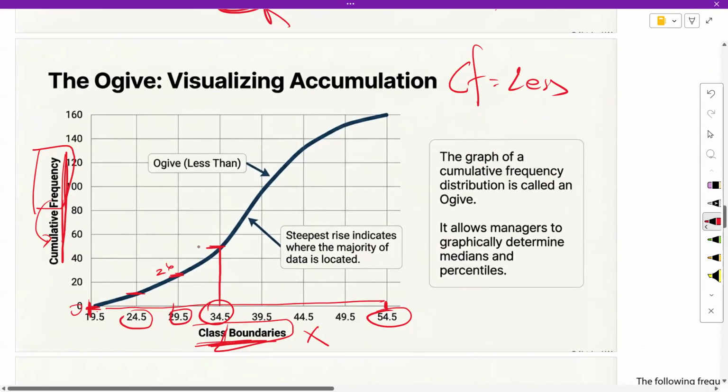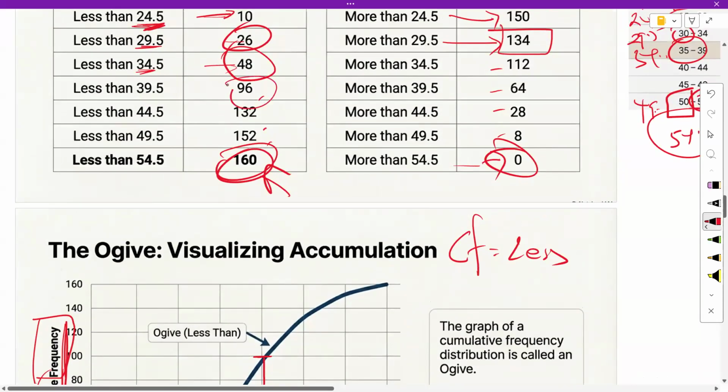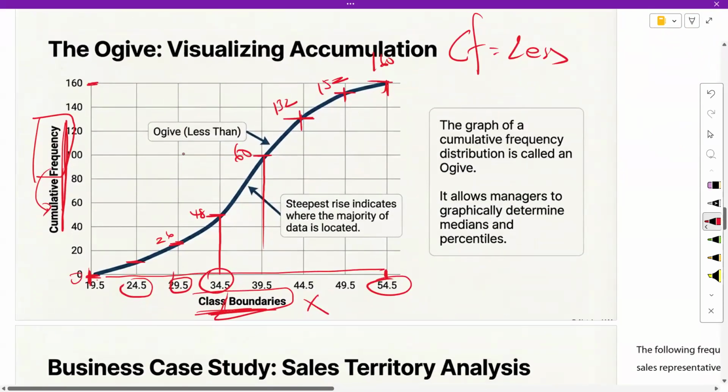Less than 39.5, 96. Less than 44.5, 132. Less than 49.5, 152. And less than 54.5, 160. So we have to stop here, 160.